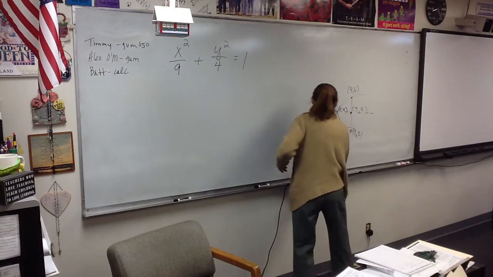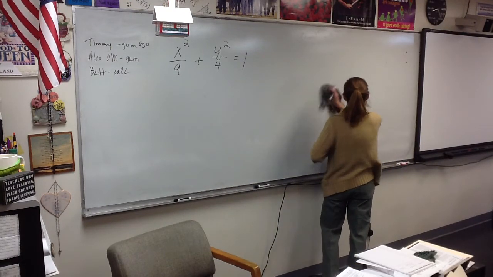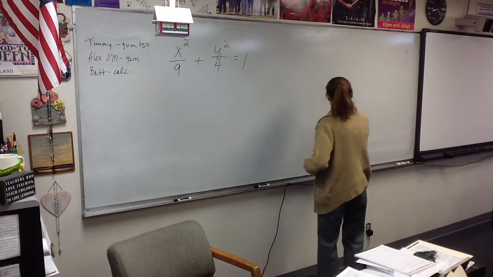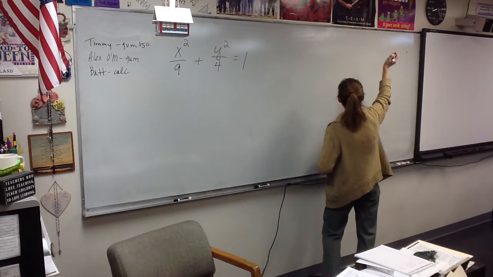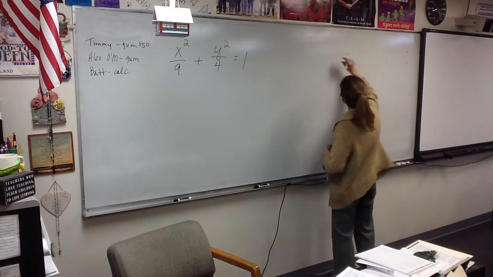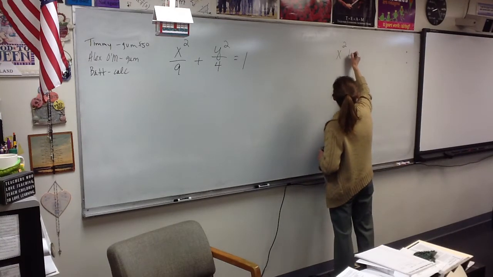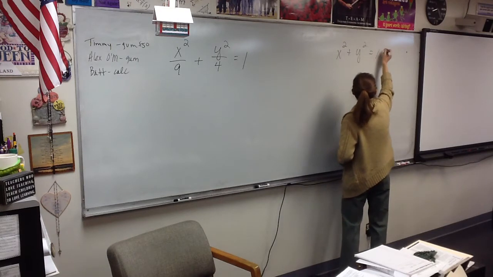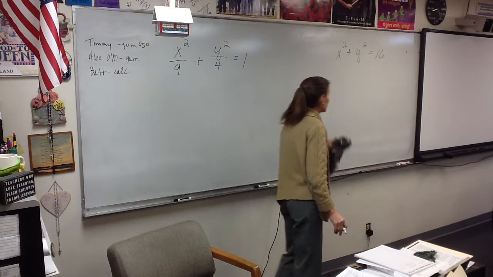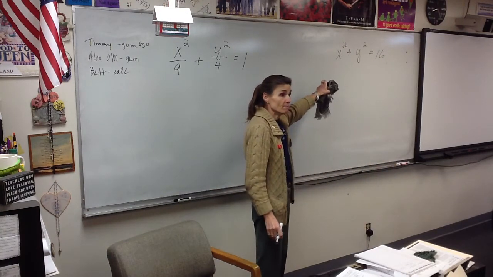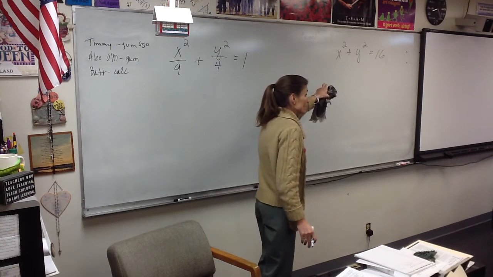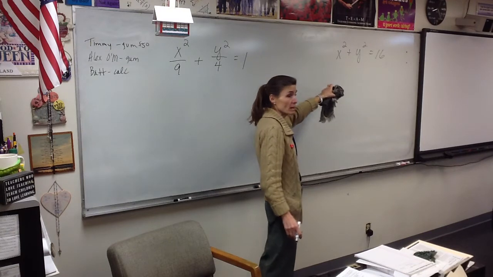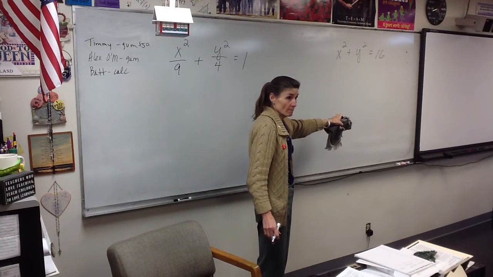A couple nights ago, you had some circle homework. By the way, I had a mistake on the answer sheet. That's already been corrected. Thank you to the guys in the back. And one of the equations on there looked something like this. I don't remember it exactly. But that was a circle, right? And what can you tell me about that circle? Its center is the origin, and its radius is 4.